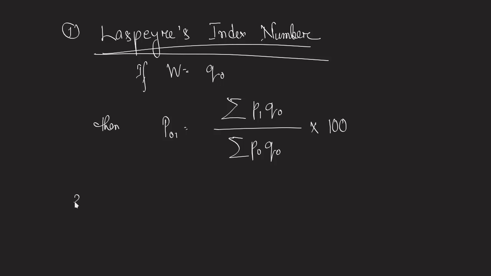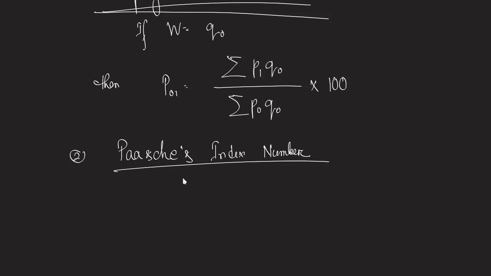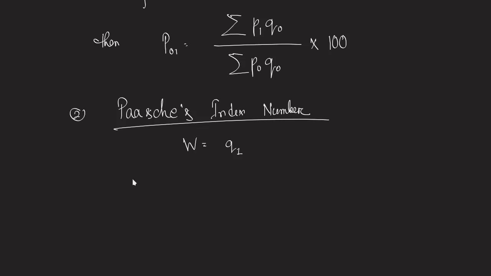The number 2 formula is called Paasche's index number. So in Paasche's index number, what do I take as weight? I take q1, that is the current period quantity.